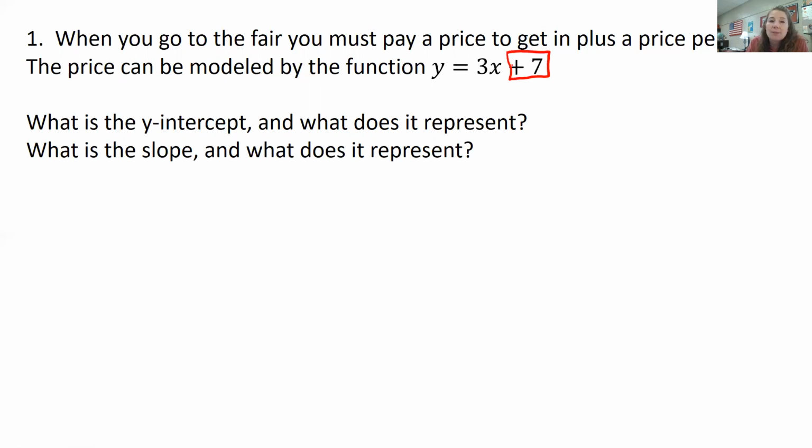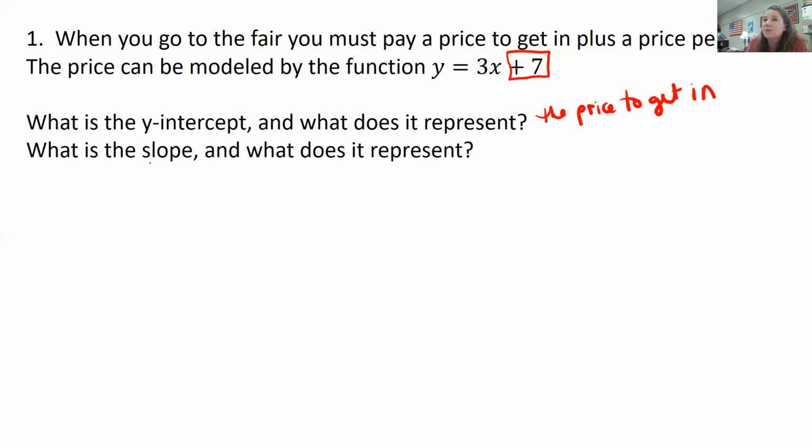It's the number not being multiplied by x. And in this situation, it represents the price to get into the fair, because no matter if you buy tickets or not, everyone pays that $7 fee to get in.